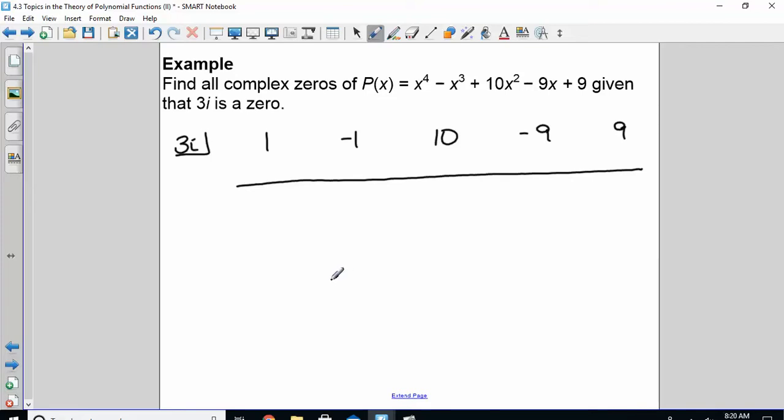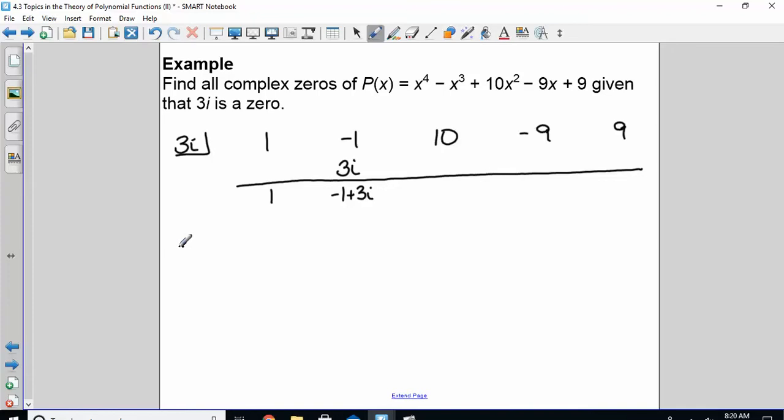Okay. First step to synthetic is what? Bring down the 1. So when I multiply 1 times 3i, that's 3i. Are these like terms? No. So when I add that, it's just negative 1 plus 3i. The next step is to multiply.